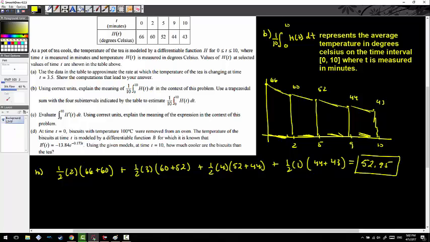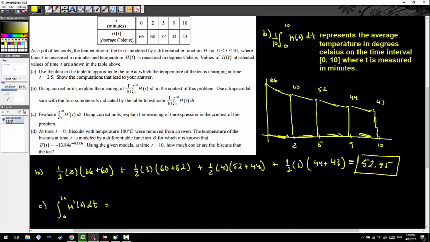Alright, that's part B. Part C, it says evaluate the integral from 0 to 10 of h prime of t dt, and using correct units, explain the meaning of this expression in the context of this problem. Well, if h of t represents the degrees at that time, then the derivative of that is going to be the change of those degrees within that time, right? And if we integrated from 0 to 10 of h prime of t dt, we'd get the total.